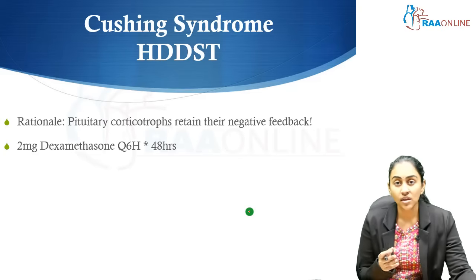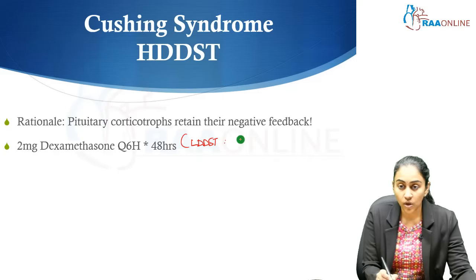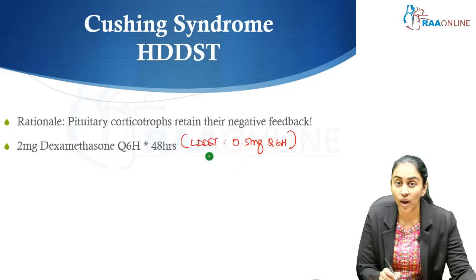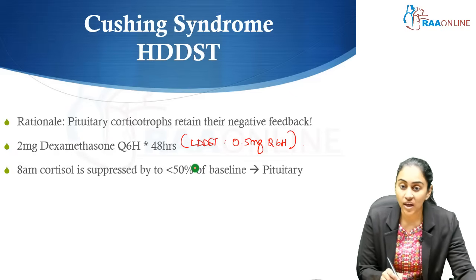So how is this done? Remember, in the low dose dexamethasone suppression test, a dose of 0.5 milligram of dexamethasone Q6H for 48 hours was used. Here it is 4 times as much. In the high dose dexamethasone suppression test, 2 milligrams given every 6 hours is used. So 8 milligrams per day for 2 days, a total dose of 16 milligrams, and you check an 8 AM cortisol. The 8 AM cortisol needs to be suppressed by more than 50%.